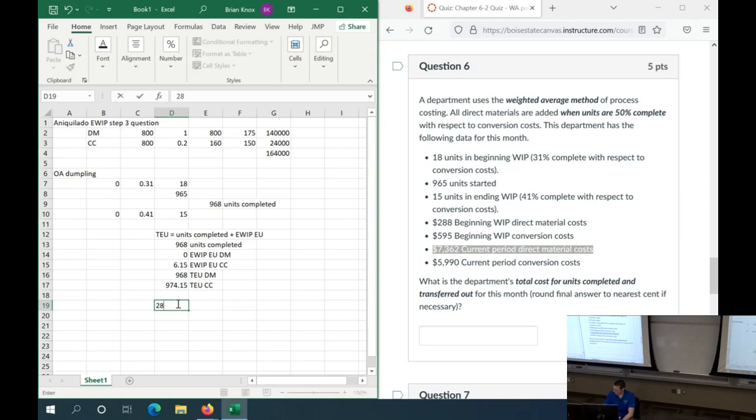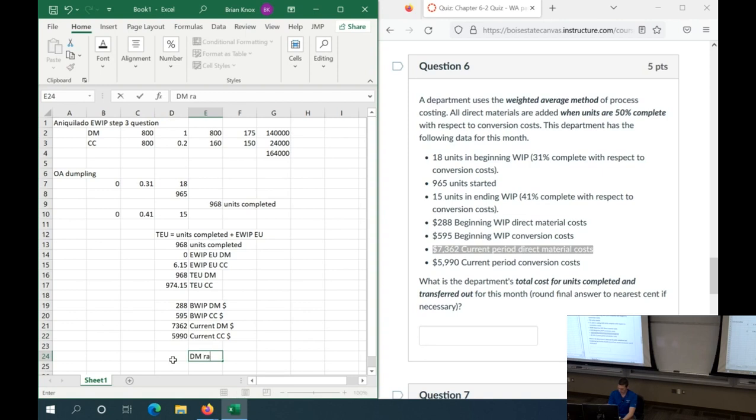So we have 288 is our BWIP DM cost. We have 595, we have 7362, we have 5990. Okay, and we can now build the rates.